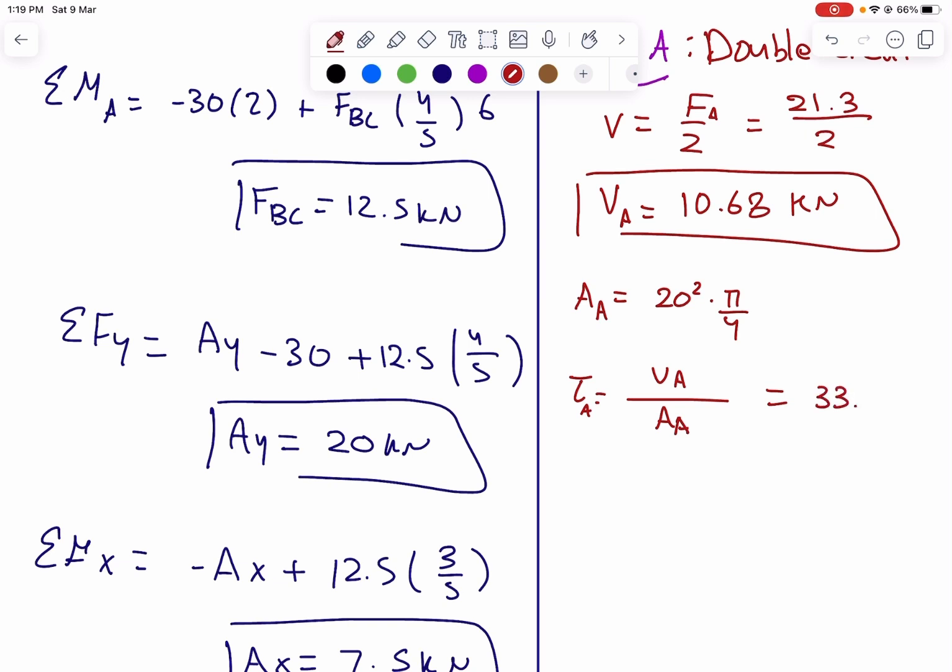So the shear at pin A is 33.99, approximately 34 megapascal.